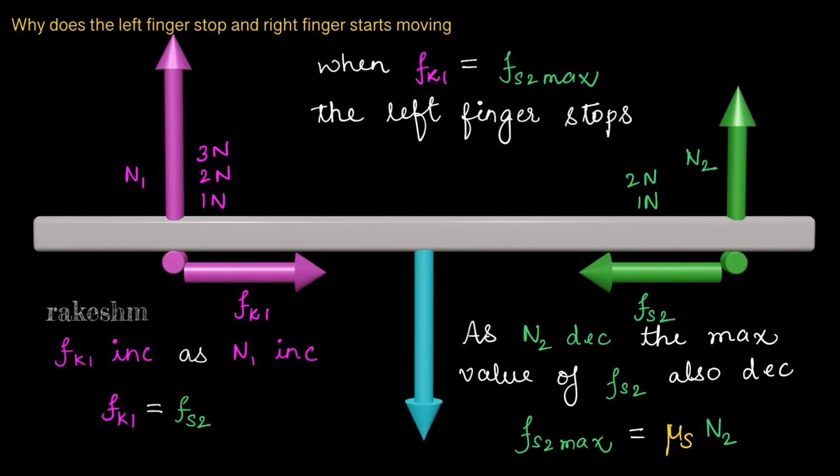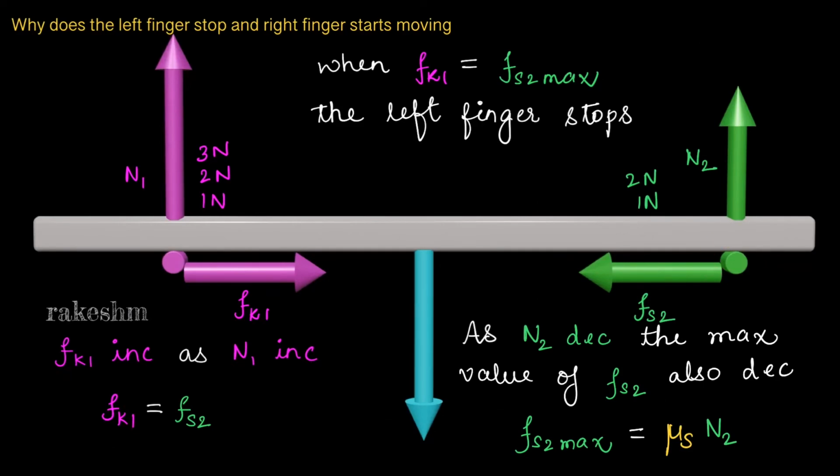What happens is, the friction on this finger just becomes more than the friction on this finger. The friction on the left finger becomes just a little more than the friction on the right finger. So when you are applying the same force on both these fingers, what happens at this instant is, this finger stops and this starts to move.